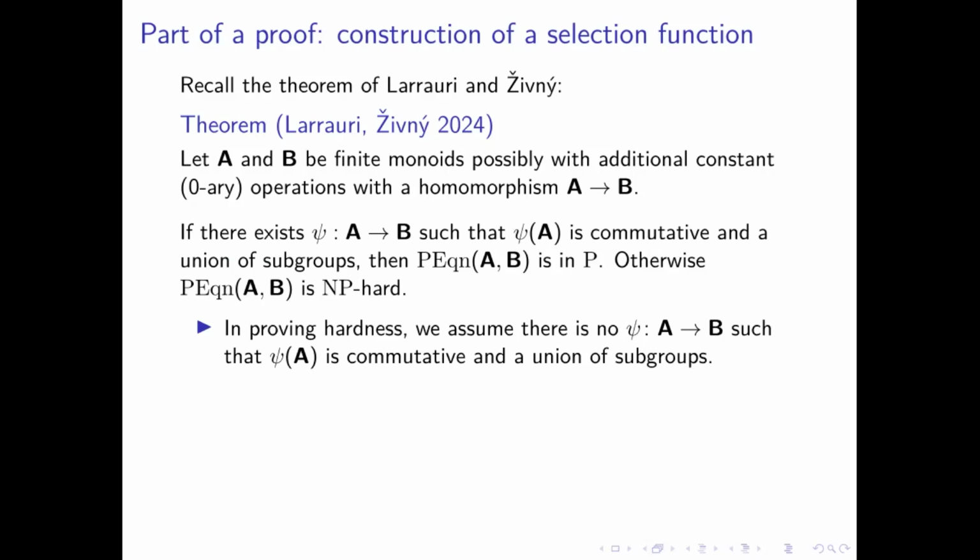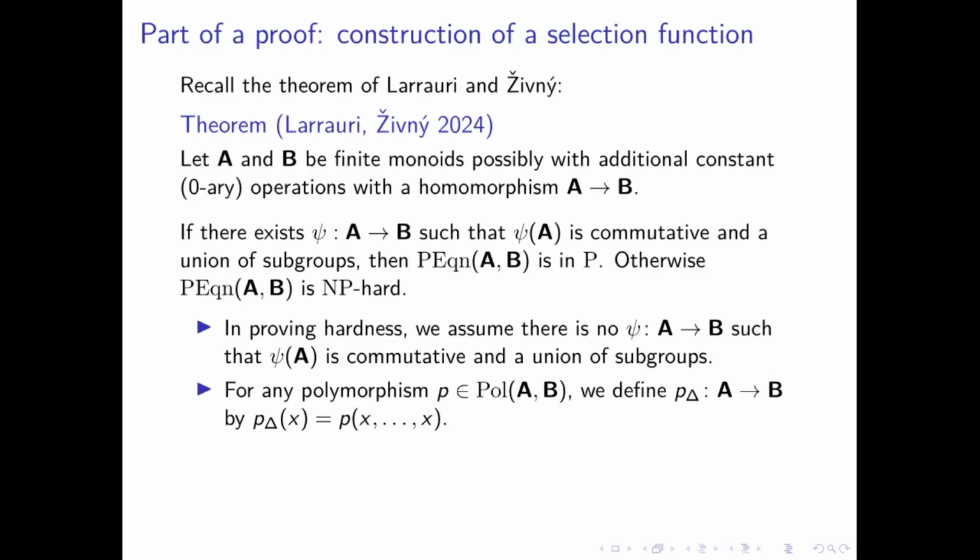So if you look at the criterion, this says that if there's a psi for which the image psi of A is commutative and a union of subgroups, then promise equations A, B is NP. Otherwise, it's NP hard. And so we want to assume that there's no such psi and show that we can construct one of these selection functions to get NP hardness.